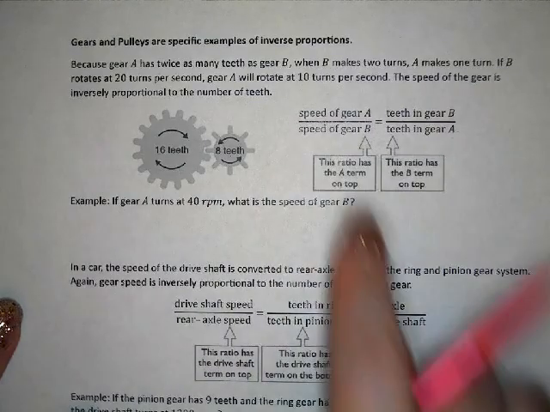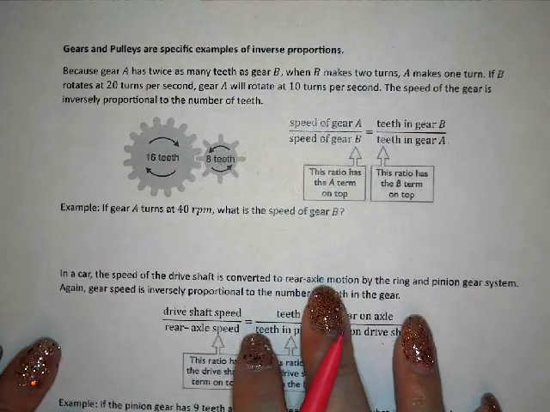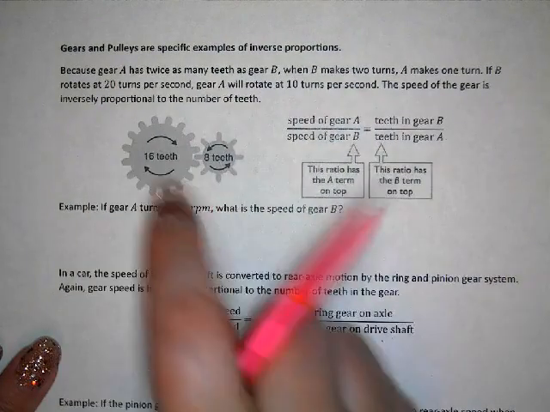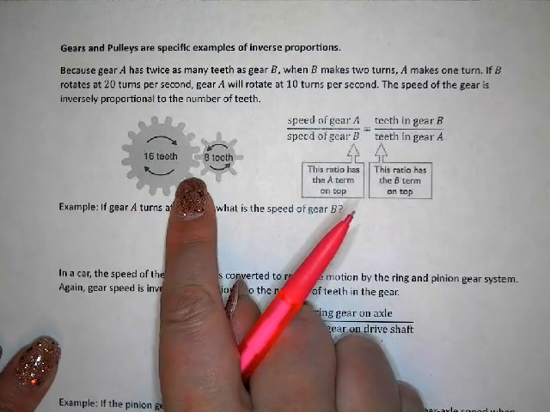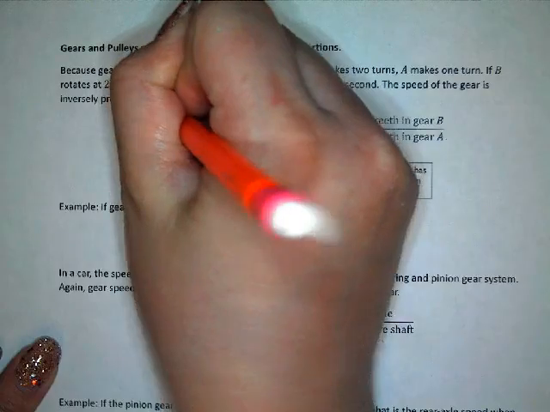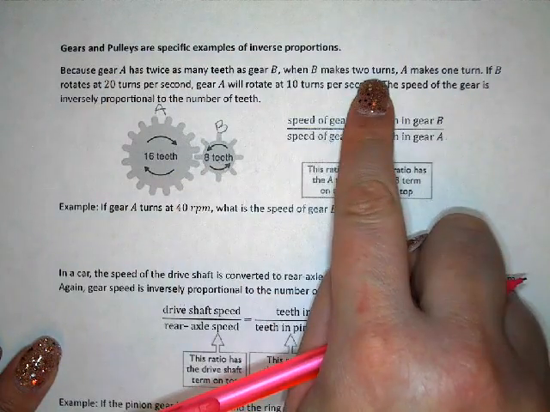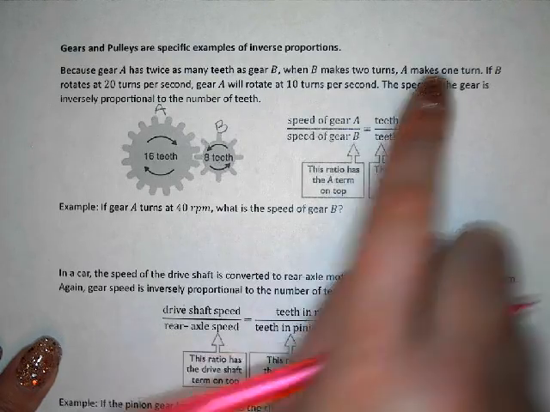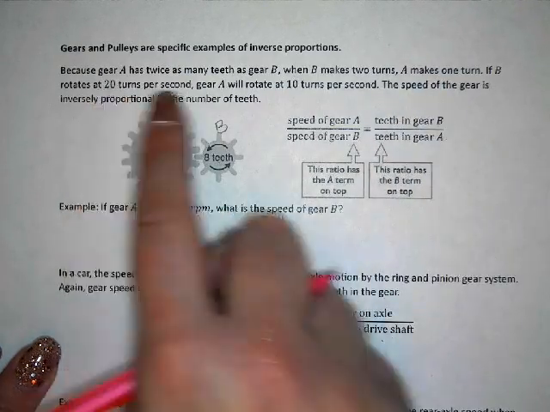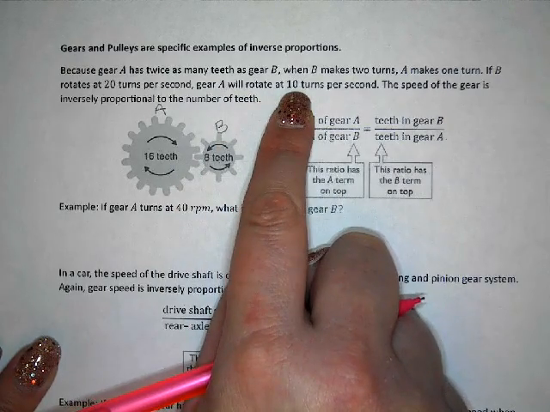So it says because gear A in this drawing has twice as many teeth as gear B, so this is gear A, this is gear B, when B makes 2 turns, A will only make 1 turn. If B rotates 20 turns per second, gear A will rotate 10 turns per second. The speed of the gear is inversely proportional to the number of teeth.